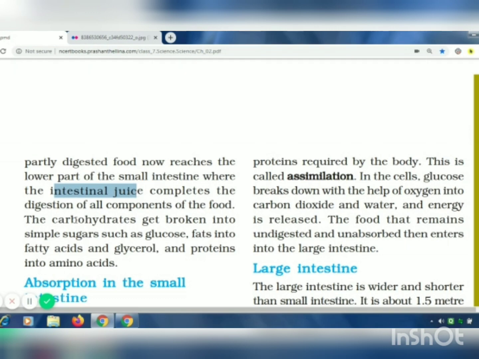So what are they converted to? The carbohydrates get broken down into simple sugars such as glucose, fats into fatty acids and glycerol, and proteins into amino acids. This you have to remember.